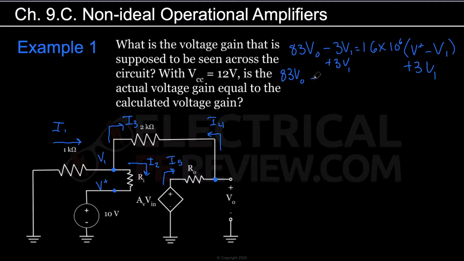That's going to give us 16 times 10 to the 6 V plus minus 999,997 V1.